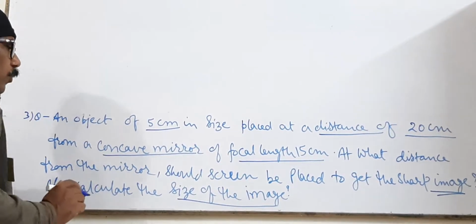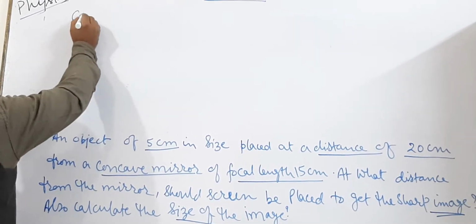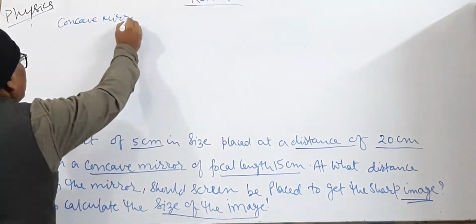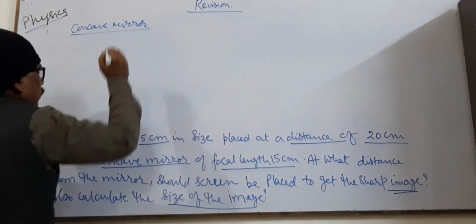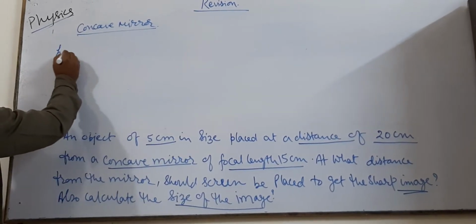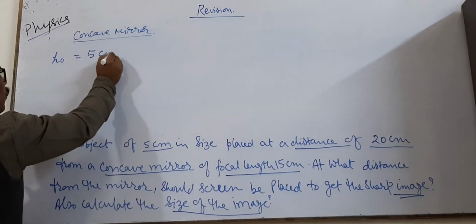Now see, first of all you should know the type of mirror given here: concave mirror. Now object size, HO, is 5 centimeter.